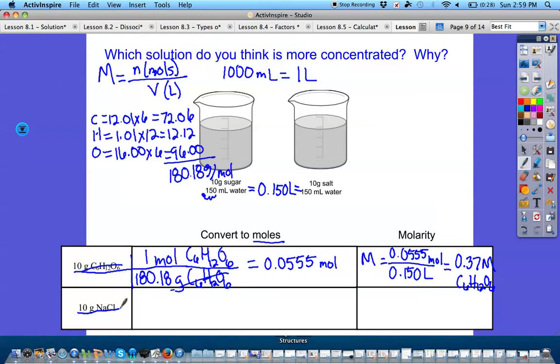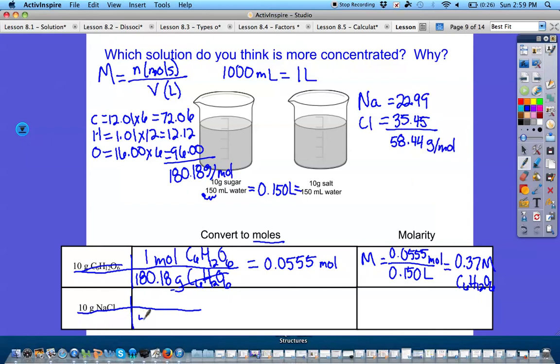We're given a mass, so we need to convert this to a molar mass. So sodium and chlorine, we have one of each of these. Multiply them by 1, but they're still going to have the same mass. 22.99 plus 35.45 should give us a molar mass of 58.44 grams per mole.